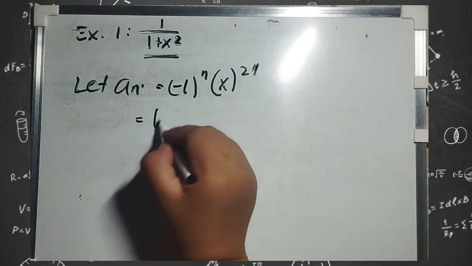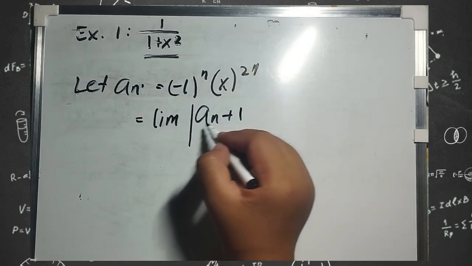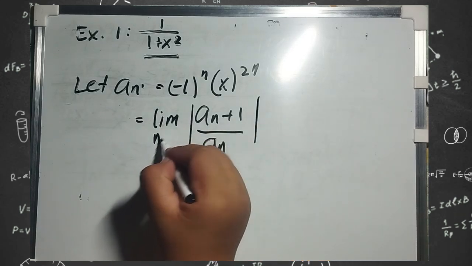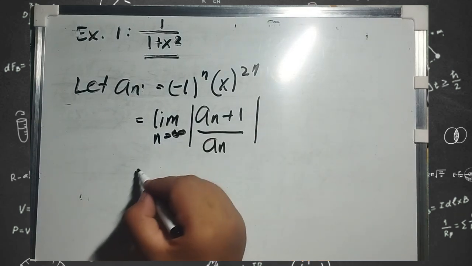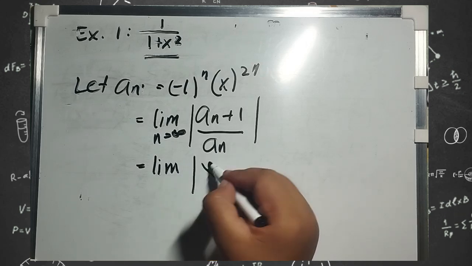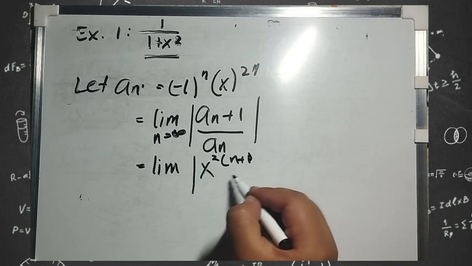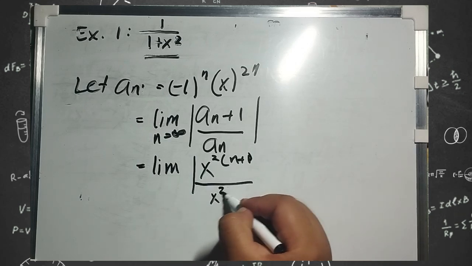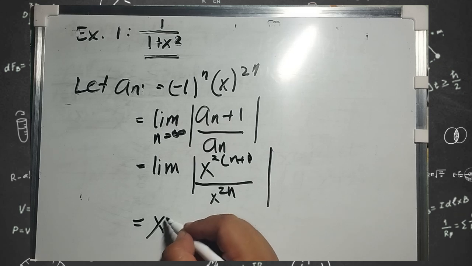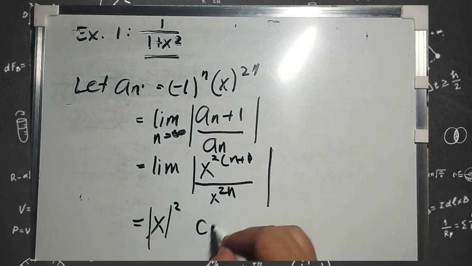Therefore, the limit of the absolute value of a_(n+1)/a_n as n approaches infinity is equal to the limit of the absolute value of x^(2(n+1))/x^(2n), as n approaches infinity, which is equal to the absolute value of x^2.